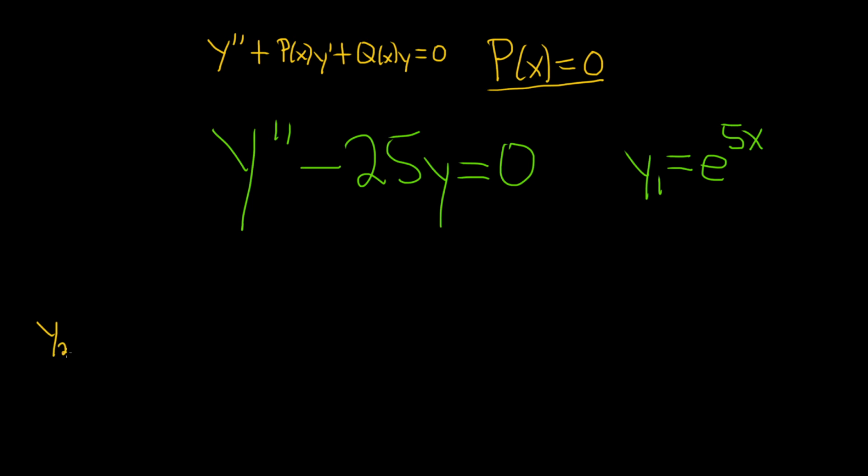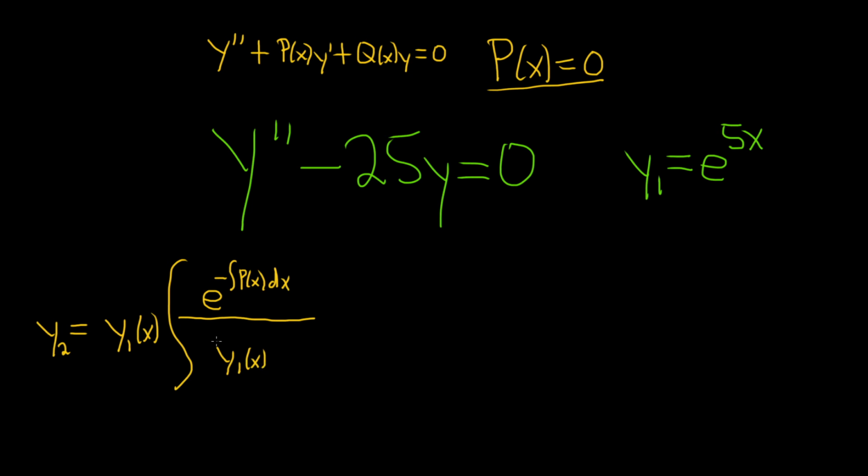So y sub 2 is equal to y sub 1 of x times the integral of e to the minus integral of big P of x dx over y sub 1 of x, and this bottom piece here is squared, and we have our dx here.